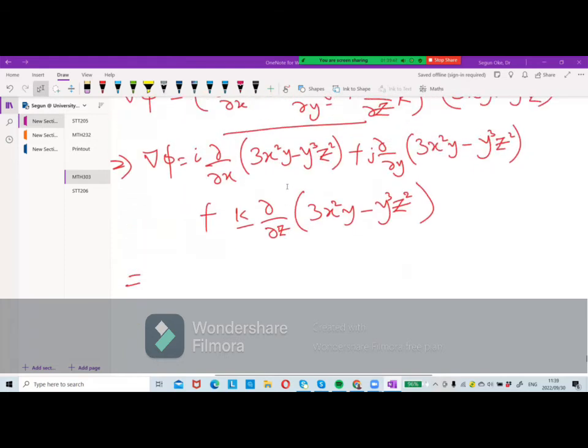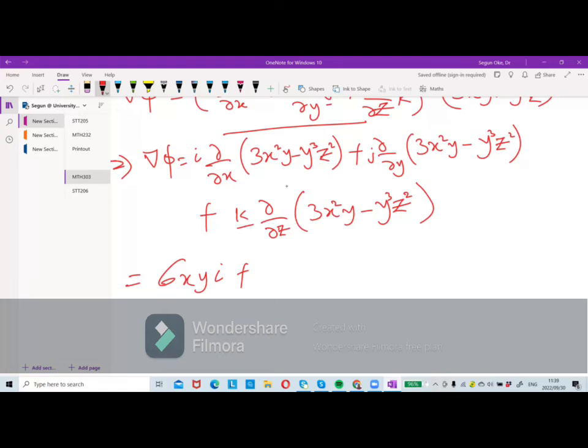We have 6x y minus 0, so 6xy, because y is a constant, like 3. The rest will be 0 because we are differentiating with respect to x.